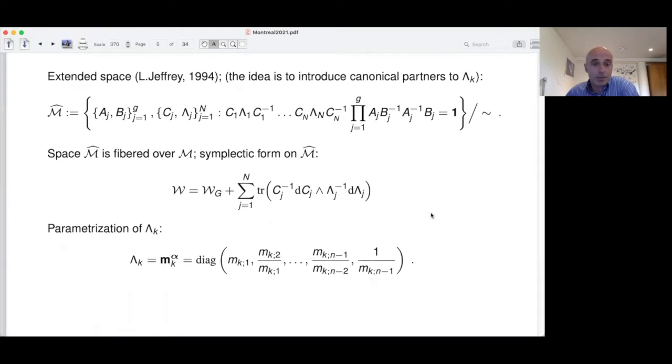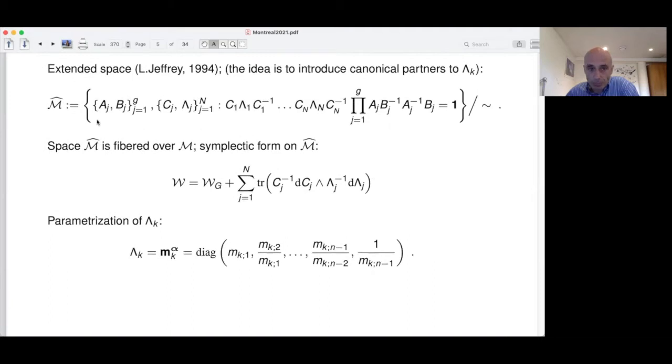And then the natural form on this bigger space is the sum of the Goldman form on the leaf and an additional piece. Essentially, you introduce canonical partners to the Casimirs, to the eigenvalues of monodromies. It turns out that this combination is already a non-degenerate closed form on the whole extended space M hat.